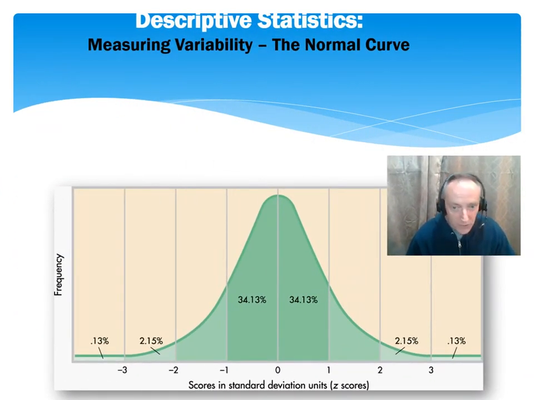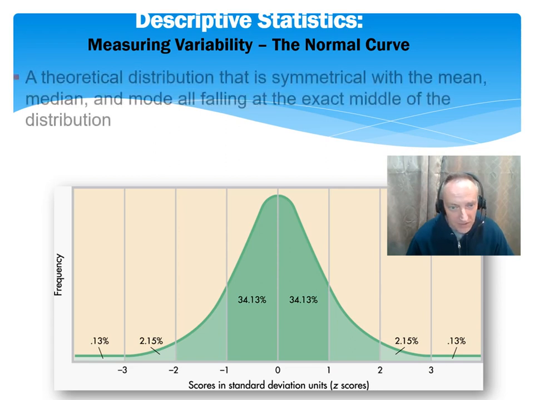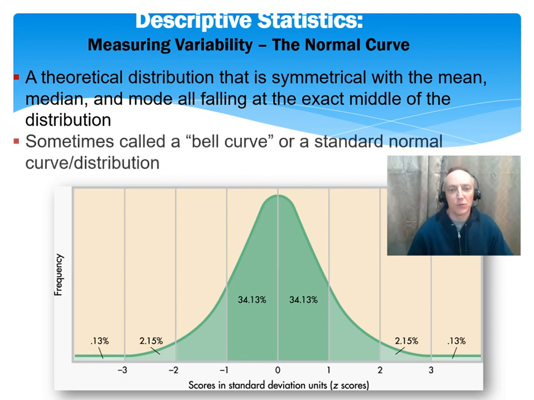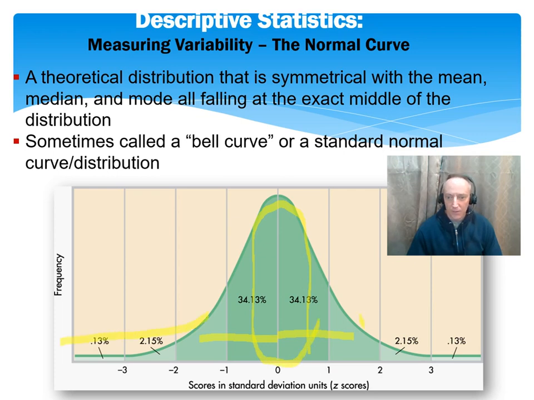Now, a lot of human characteristics that we're going to study, things like IQ, for example, distribute in what's known as the normal curve or the bell-shaped curve. This is a distribution that is symmetrical. You have the exact same number on one side of the curve as you do the other. You have the most people toward the mean, and the farther away you get toward the extremes, the fewer and fewer people you have.